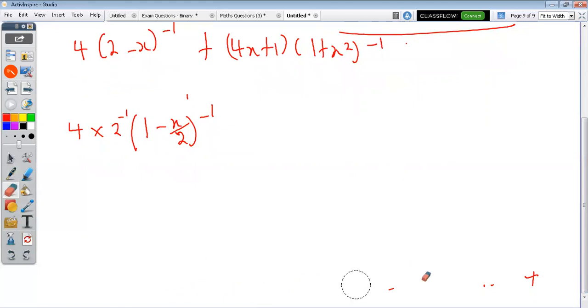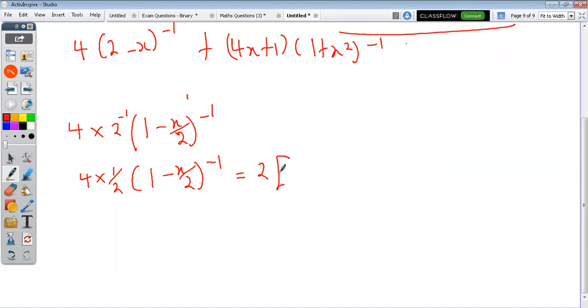Then you can always add it to the other one. So now that means here I'm saying 4 multiplied by half, brackets 1 minus x over 2 to the power of negative 1. And 4 times half of 4 is what? Is 2. So 2 brackets, do you agree?